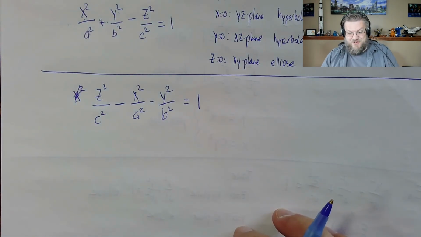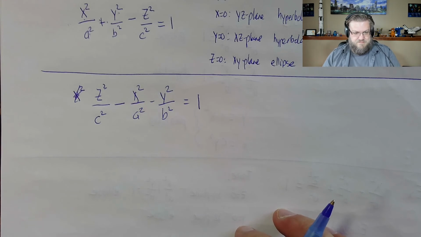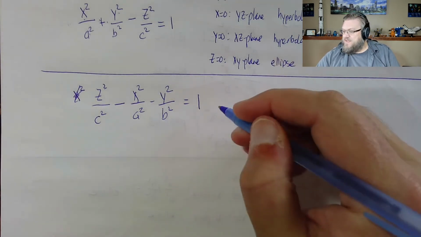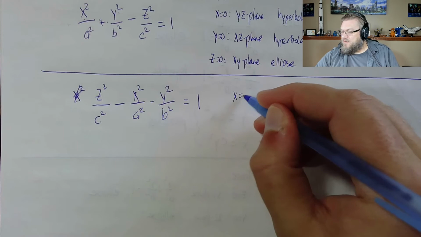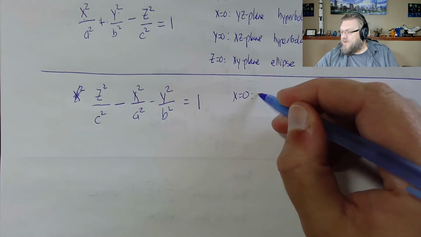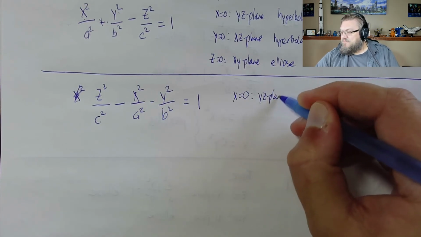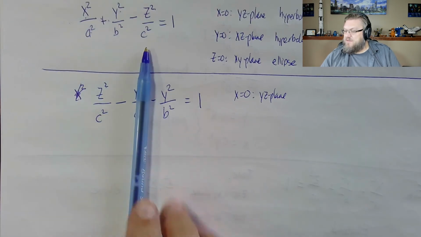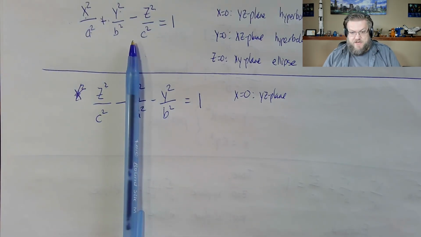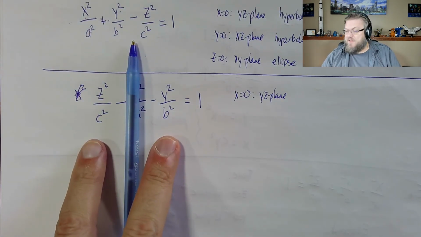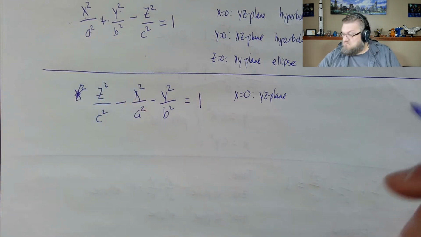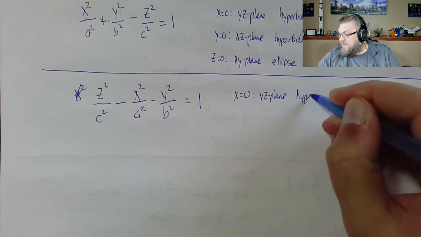Again, I'd like to look at the traces. First things first, if x is 0, that's the yz plane. If x is 0, that middle term is gone, and what I'm left with is a hyperbola.